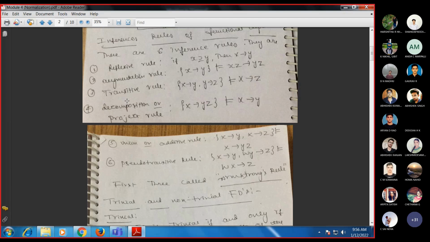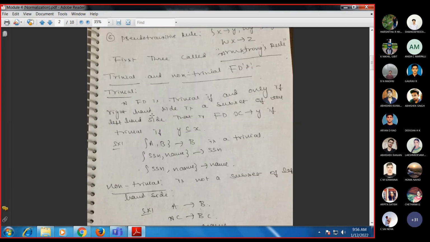Next, trivial and non-trivial functional dependency. What is this? Let us take the first one, that is trivial functional dependency. Trivial means a functional dependency is trivial if and only if the right hand side is a subset of the left hand side.